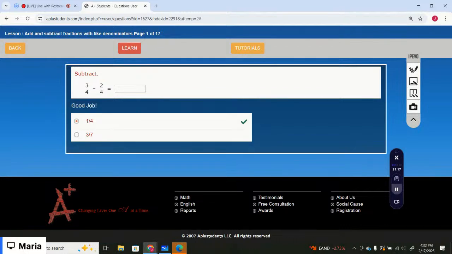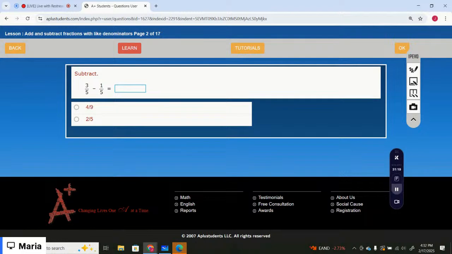So 3 minus 2 is 1. That is 1 by 4. 3 by 5 minus 1 by 5, which is the correct option?